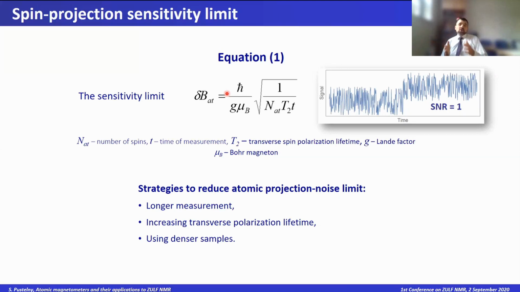Sometimes you have some limitations. So there are two last most important parameters that affect the sensitivity of magnetic field measurement: the number of atoms that you are using and the transverse relaxation time that your atoms possess. Namely, how long does it take for spins to dephase in a given magnetic field? These two parameters are the main parameters that we are fighting with in building optical atomic magnetometers.